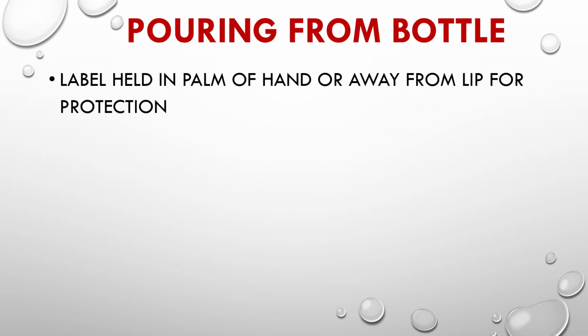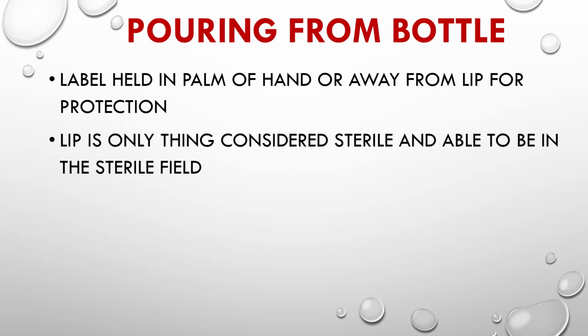And then finally for this one, just looking at how to pour from the bottle. As I mentioned earlier with the vial, to maintain the integrity of the label, it is put in the palm of your hand, so it's away from the lip so that it's not dripping solution down over the side onto the label.